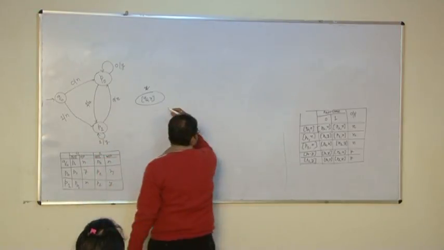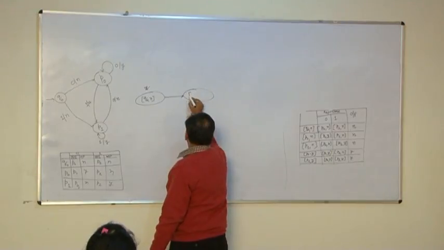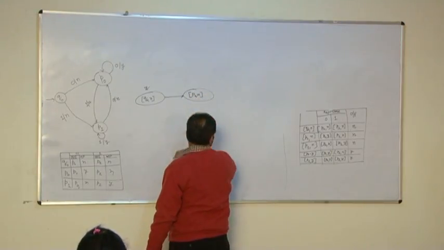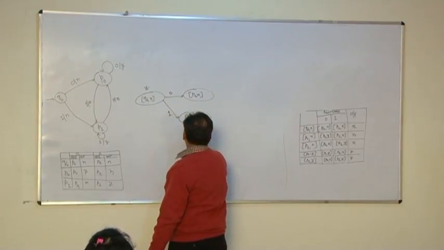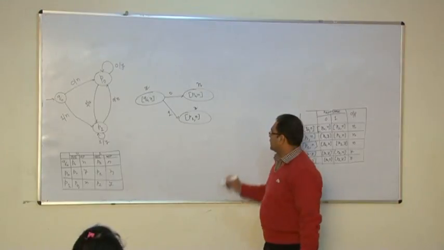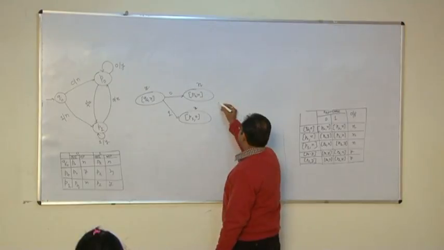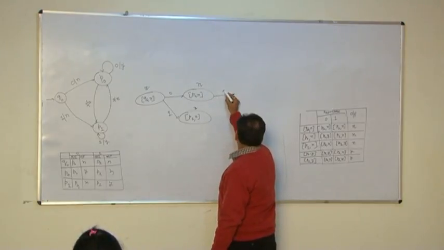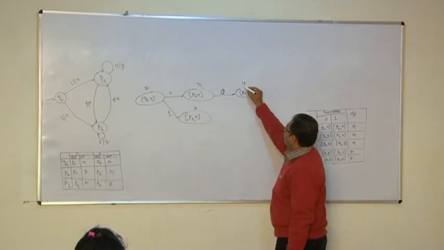N. And then for 0, we are going to P node N. Corresponding to 1, we are going to P1 N. And here we have the output N, here we have the output N. Then corresponding to P node N, we have P node Y, and output is Y.